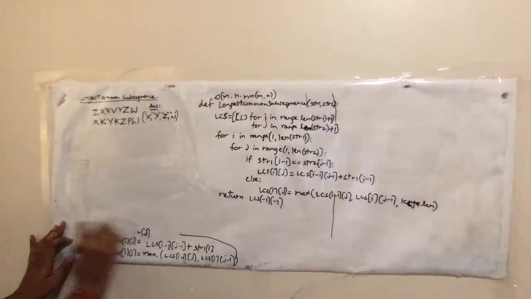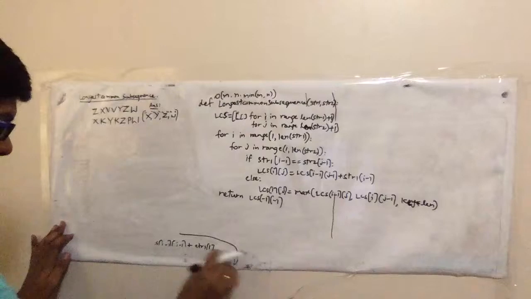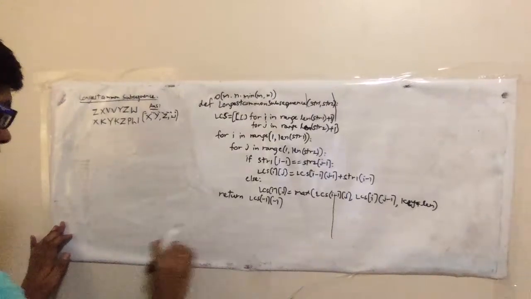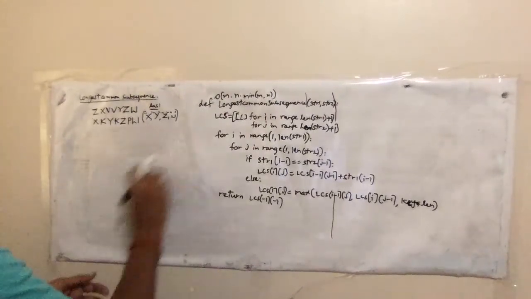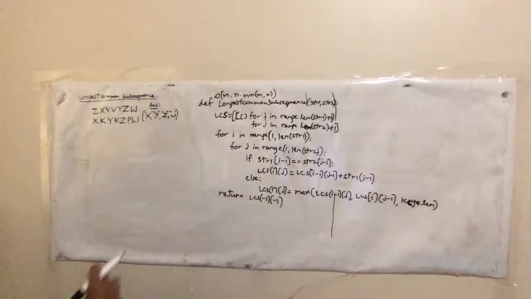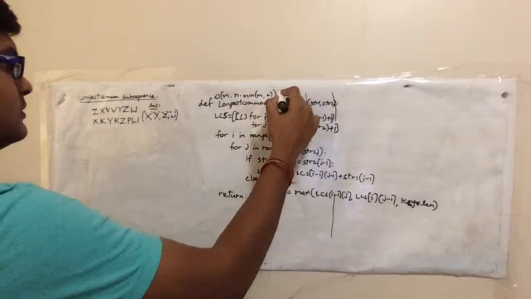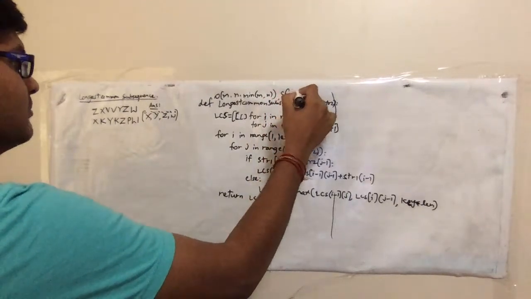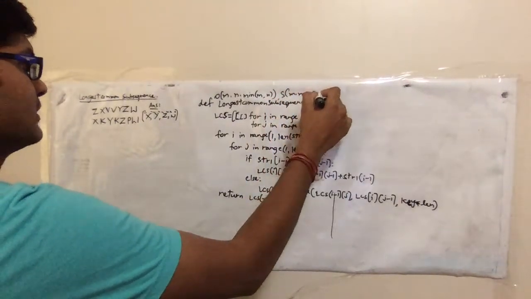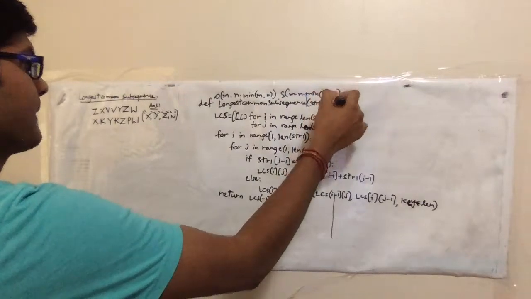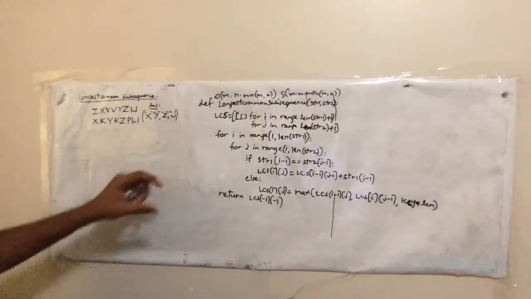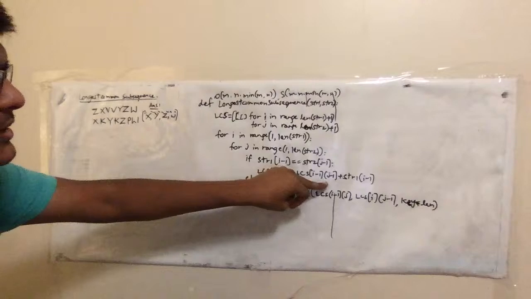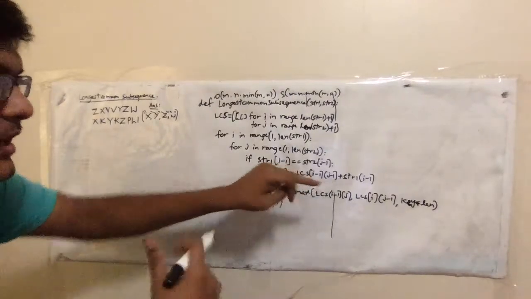Okay, I will drop this. So space complexity is min of mn. Okay, so for improving this, I shouldn't concatenate this.